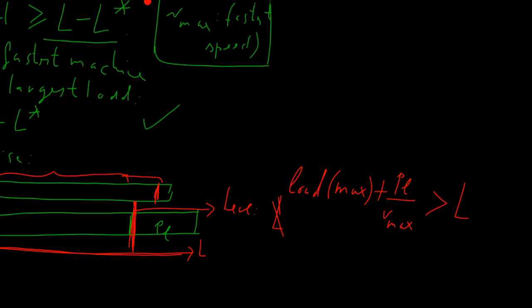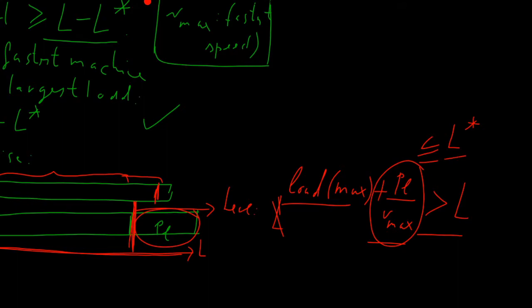Because we scheduled on this machine, it means that at this point the load of Vmax plus this guy was larger than L. And remember that this PL divided by Vmax is at most L star, because there was a bound for the optimal cost: even if we schedule the job PL to the fastest machine, it will take at least PL divided by Vmax time, and of course we have to schedule the other jobs as well, which means that this is at most L star.